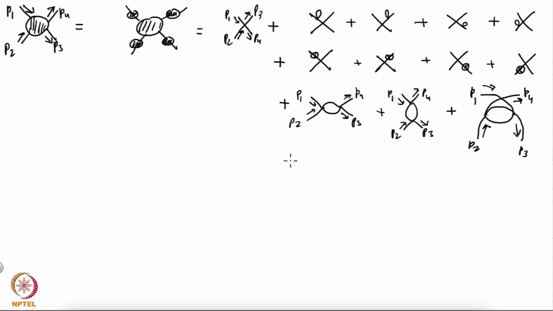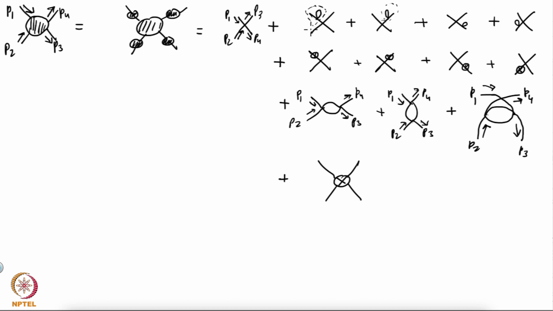So these are all order λ_r² diagrams. There is one more possible, which is this, because this itself is order λ_r². Now you see that because we have renormalized the two-point function, this part of this leg is a two-point function, and this is another two-point function.